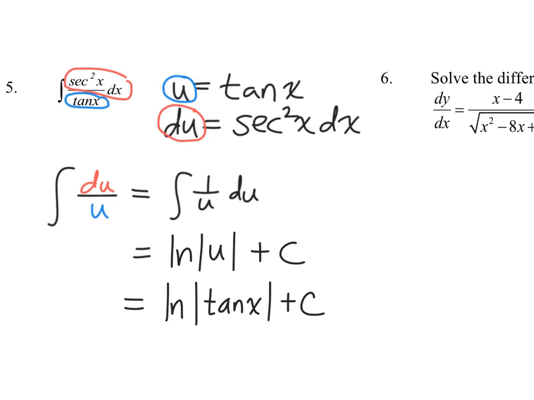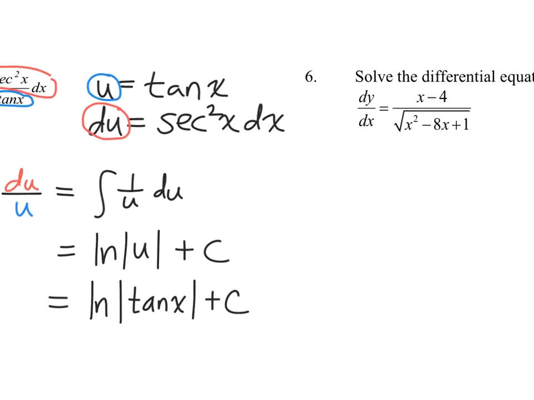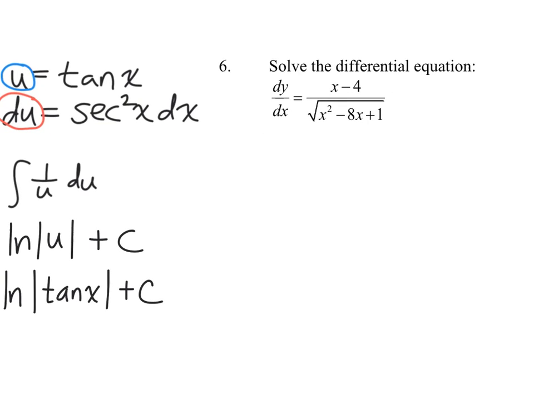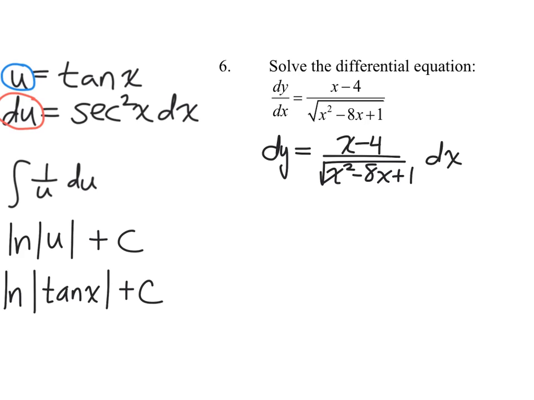All right, so for number 6, it says to solve the differential equation, which means we have to get it in the appropriate form first. So I'm going to do a little housekeeping. So dy equals x minus 4 over the square root of that lovely quadratic dx, we're integrating both sides.